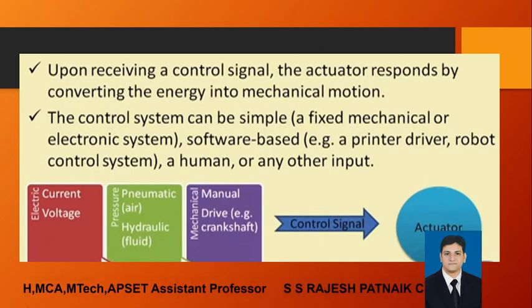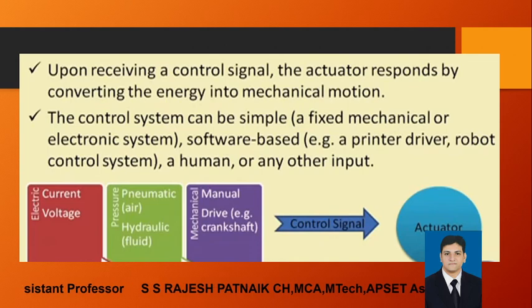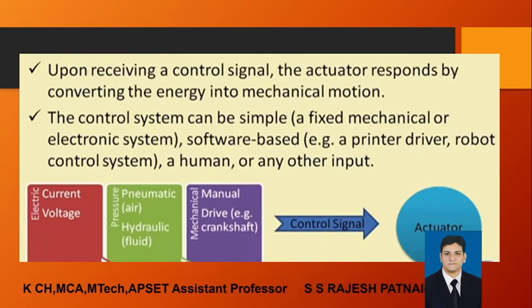Next, upon receiving a control signal, the actuator responds by converting the energy into mechanical motion. Okay, the same thing we are understanding: it is going to perform an action. An actuator always performs an action. See here, whenever it receives a control signal, the actuator responds by converting the energy into mechanical motion.